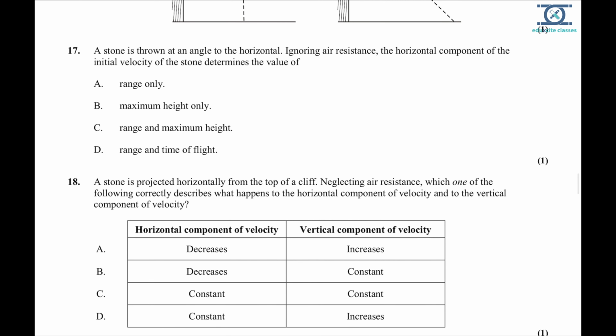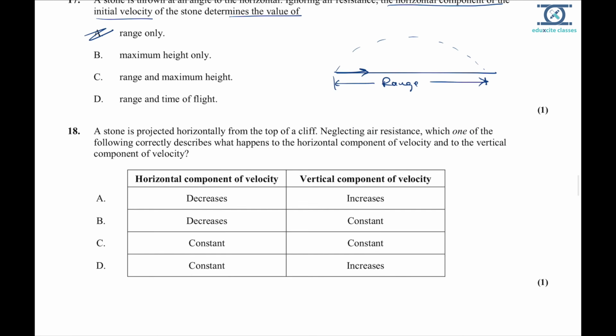Now question number 17, a stone is thrown at an angle to the horizontal. The horizontal component of the initial velocity of the stone determines the value of. In this type of projectile, the horizontal velocity only determines the range. So range only. Question number 17, answer is A.